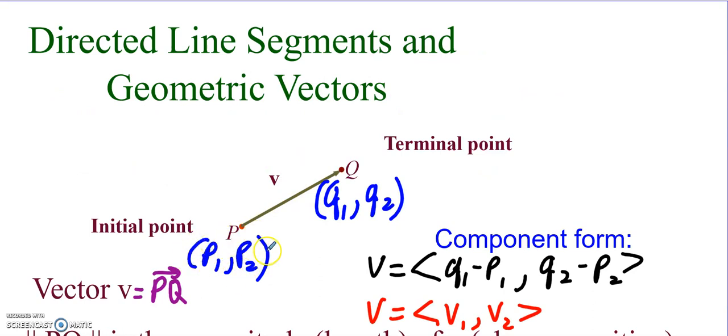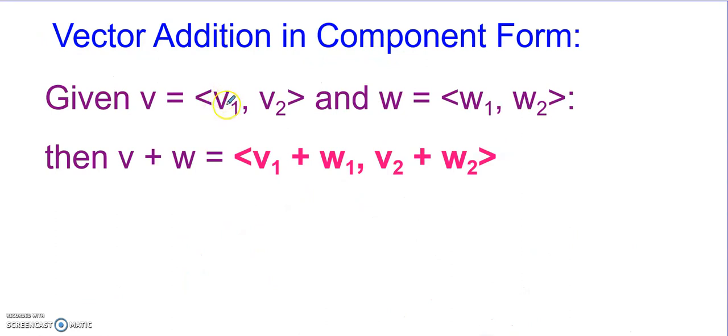So points have parentheses, component form is the angle brackets, because it can be very confusing if we don't understand that difference. So back to vector addition, if I want to add vector v plus vector w, then I just add the corresponding components. So v1 plus w1 and v2 plus w2 would give me the new components of v plus w. If I was doing subtraction, same exact thing. You would just subtract the corresponding components.